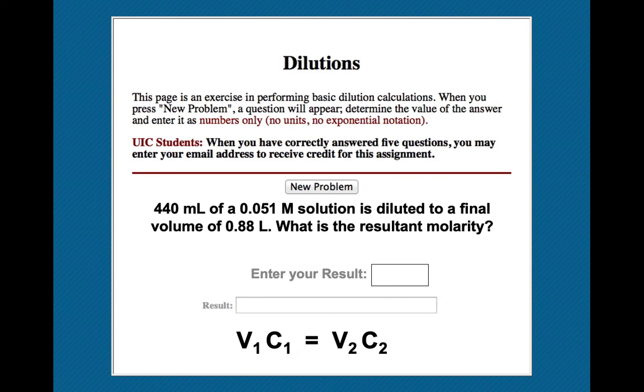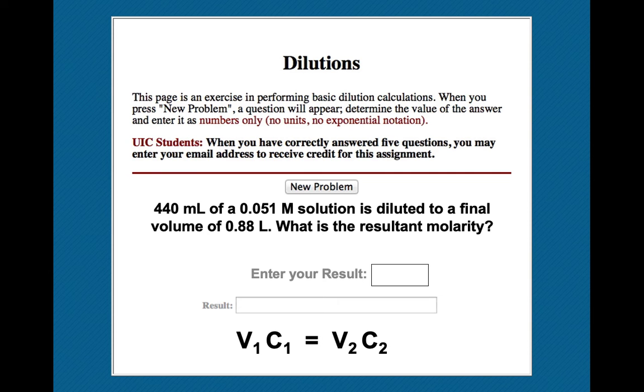Here is V2, V1, C1. V1, C1, V2, C2. Remember, everything has to be in terms of liters.